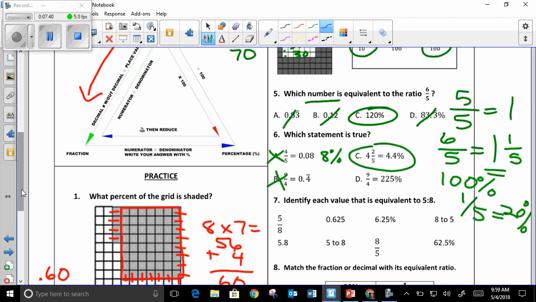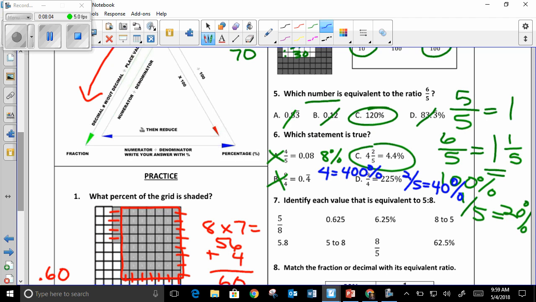Well, what is 2/5? 2 out of 5. What is it? All right, it's 40%. So 2/5 is 40%. And 4 is equal to 400%, right?